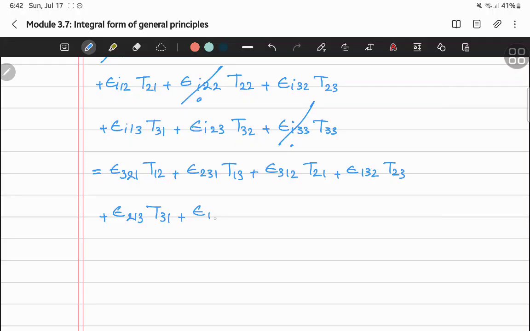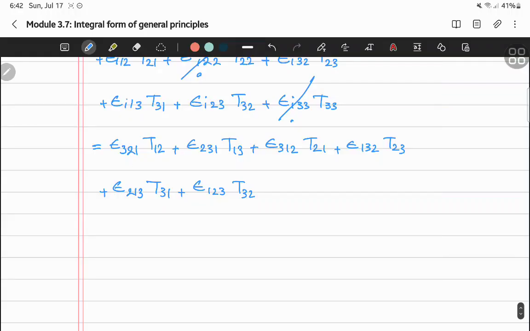I here can take 1: epsilon_123 t_32. Then we know that epsilon_123 is equal to epsilon_231 and epsilon_312, and this is equal to 1, right? And 1 3 2, 3 2 1, and 2 1 3 are all equal to -1.